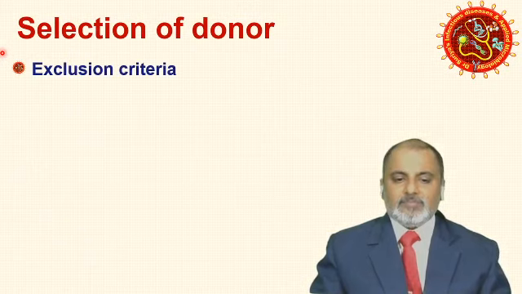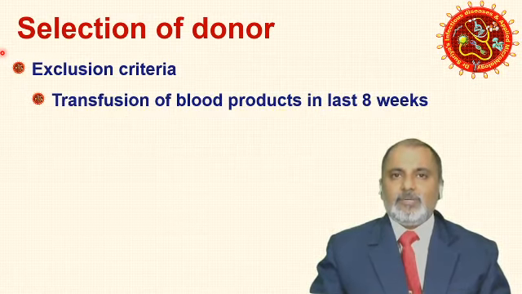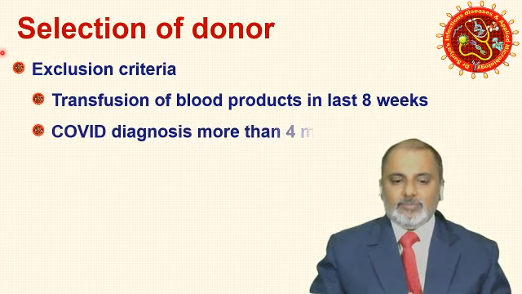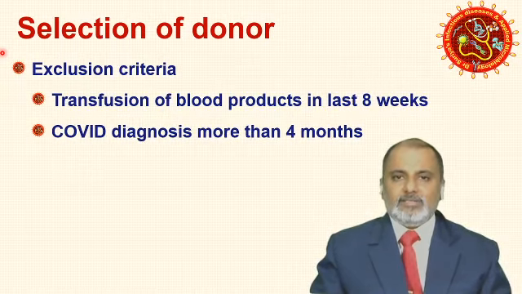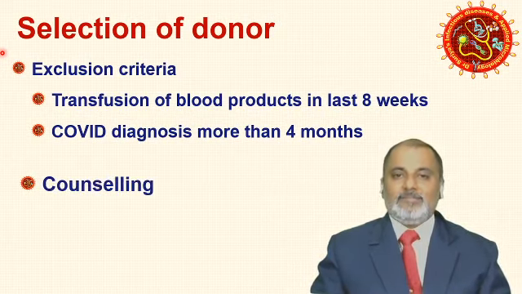See here, the exclusion criteria: number 1, he should not have received any transfusion or blood products in the last 8 weeks. Number 2, a COVID diagnosis more than 4 months ago is not useful. So these are the exclusion criteria. Once you find a donor eligible for donation, an important thing is counseling.